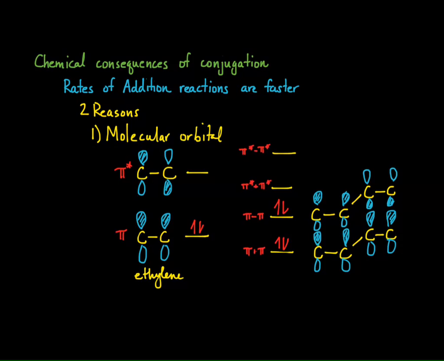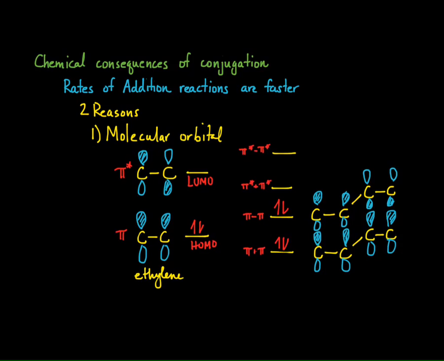Now, why is this important to think about? Well, when we compare the reactivity of ethylene to that of 1,3-butadiene, we have to look at both the HOMO and the LUMO. With ethylene, the HOMO, the highest occupied molecular orbital of the electrons, is in that pi system, and the LUMO is in the pi star.